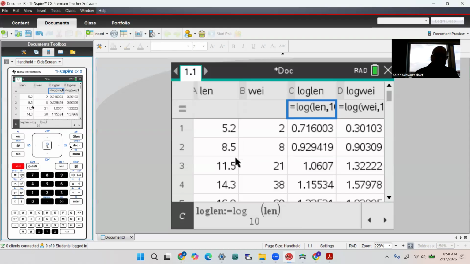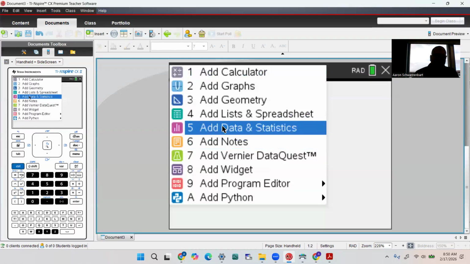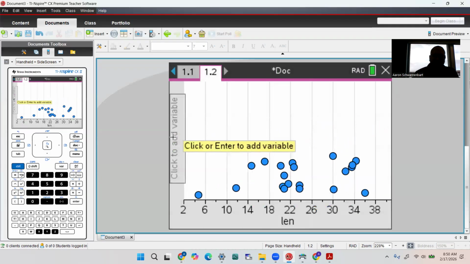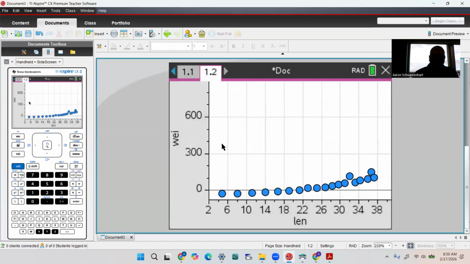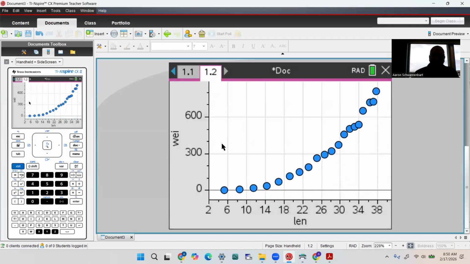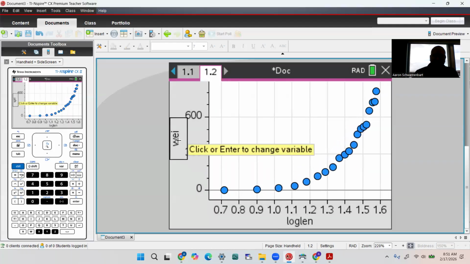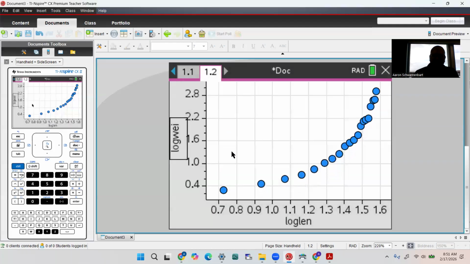Then when we've got these, we add our data and statistics graph. And if we look at length versus weight, it looks exponential, but that could also be cubic looking or possibly quadratic. Since we have the idea that it's probably cubic, we're going to do log on both axes.